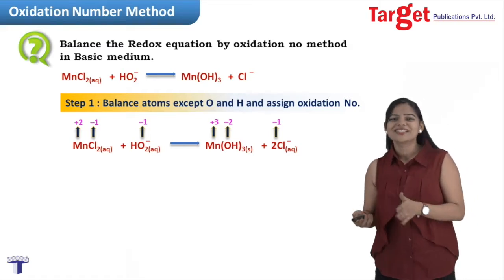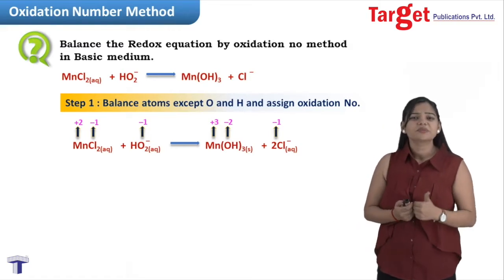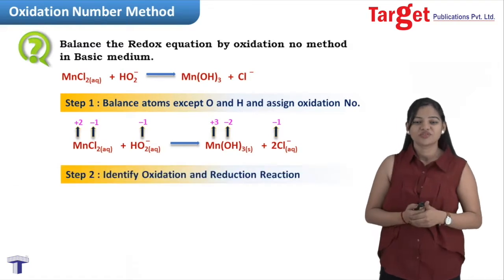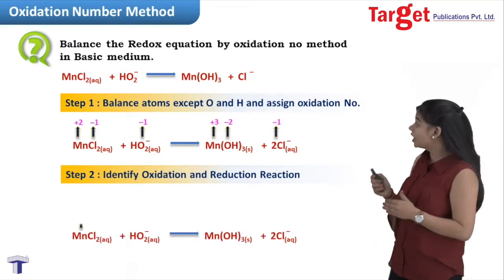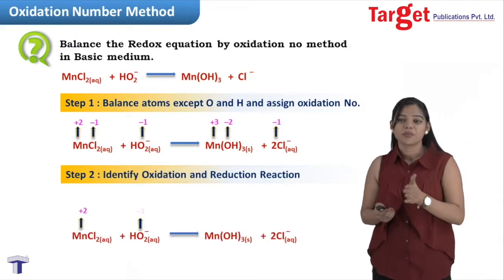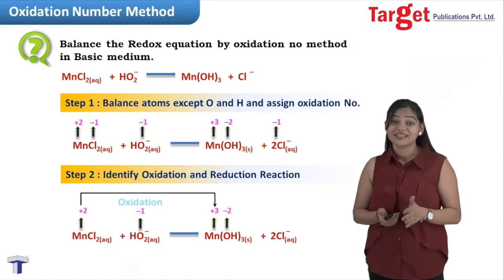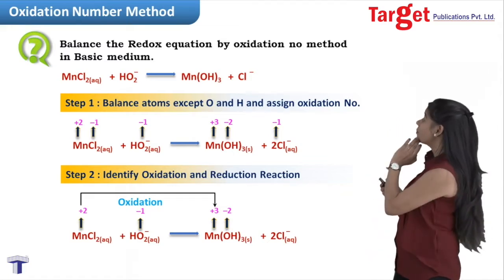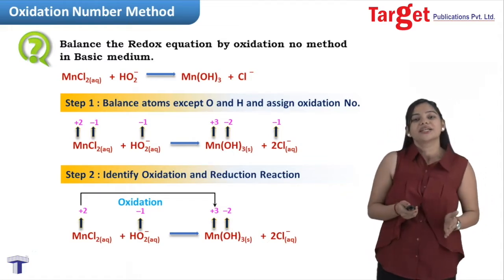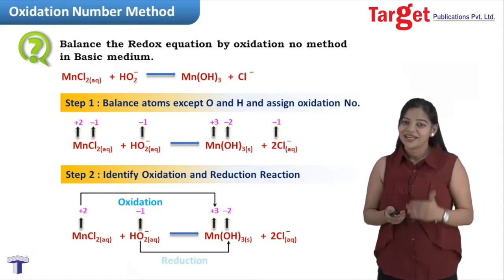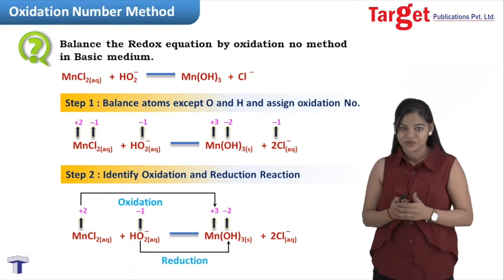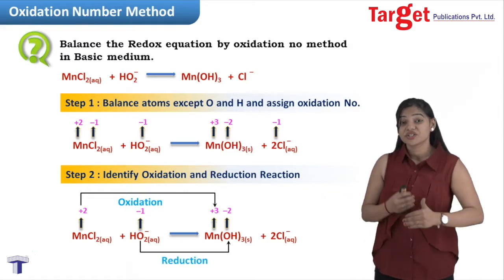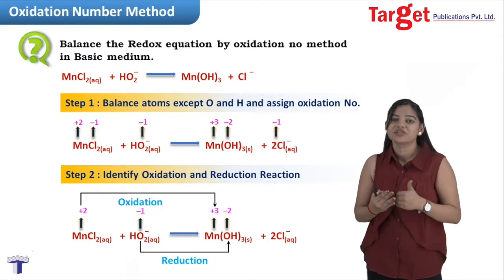So here we can easily identify which one of the species is undergoing oxidation and which one is going reduction. So Mn, since the number increases from 2 to 3, we can say it is an oxidation reaction. Whereas oxygen is going from peroxide to oxide, that is -1 to -2, and hence we can say it is undergoing reduction.